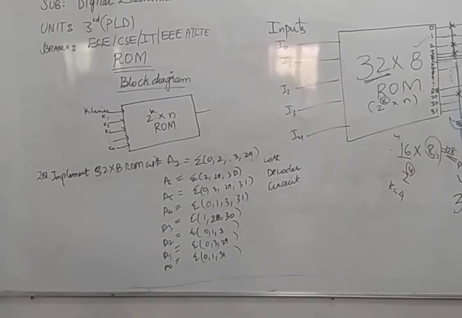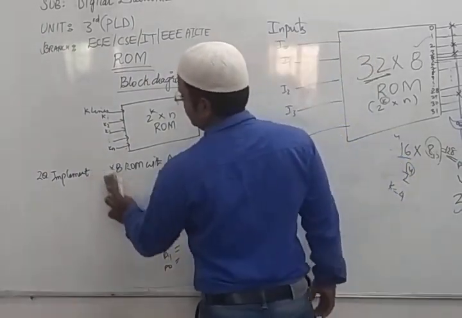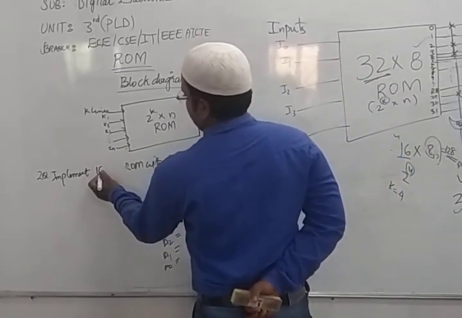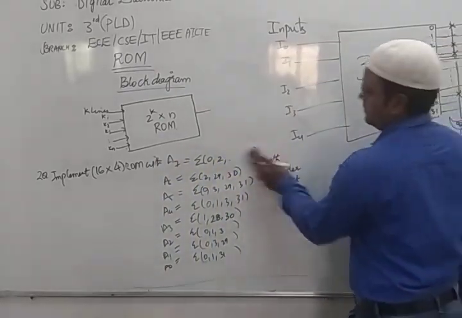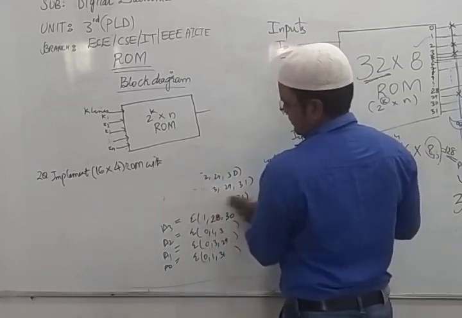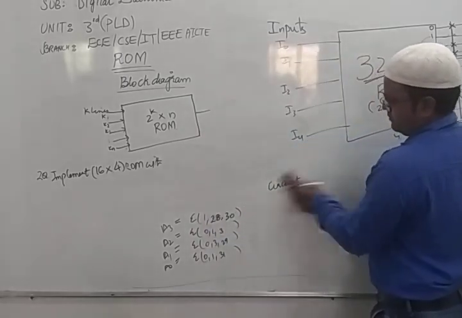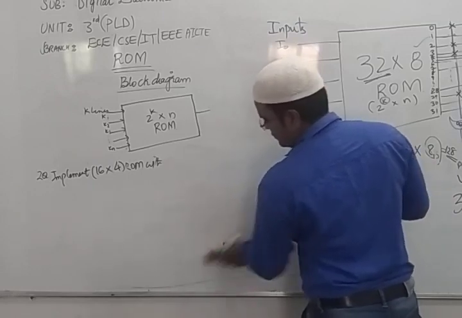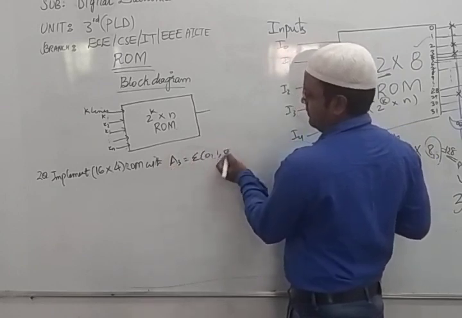So take down the second problem, students. The third one, you try by yourself. Implement a 16:4 ROM with A3 equal to summation of 0, 1, 5.